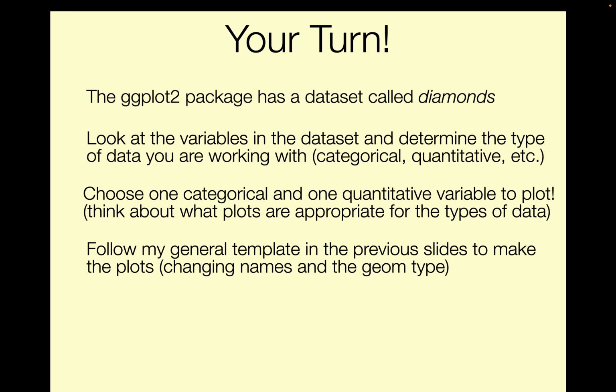I want you to choose one categorical and one quantitative variable to plot. Also, you need to think about what are appropriate plots for one categorical or one quantitative variable. Think like histogram, think bar chart. Follow my general template from the previous slide. So copy and paste that code, change mpg to diamonds, and change the aesthetics and geom.